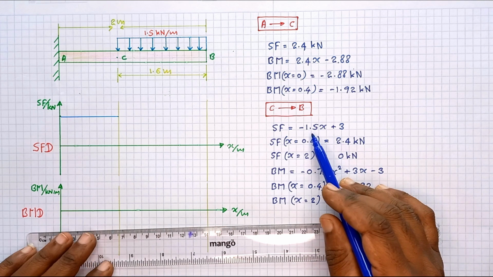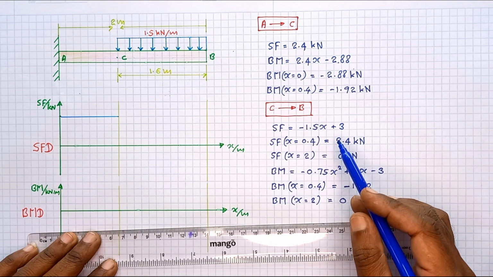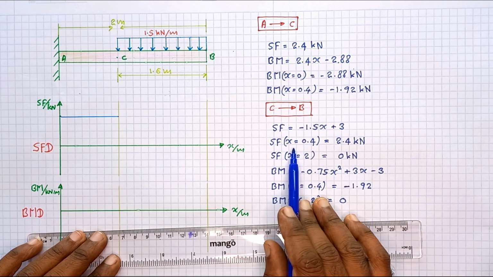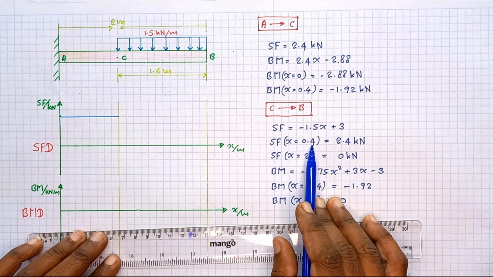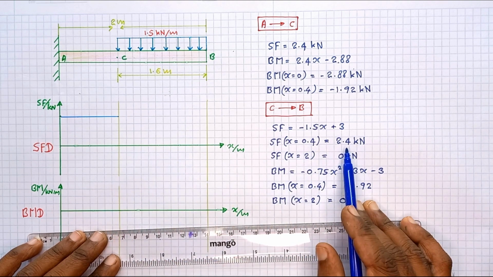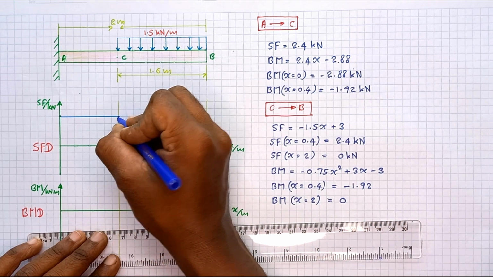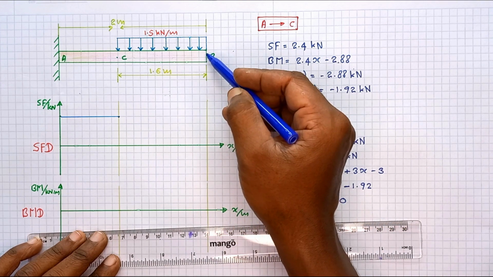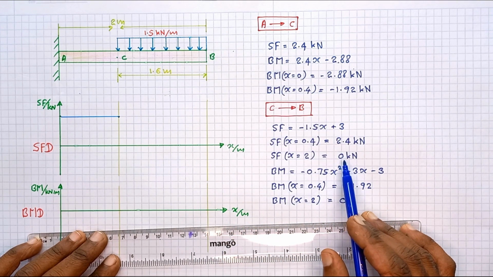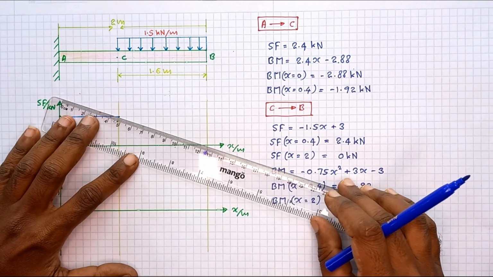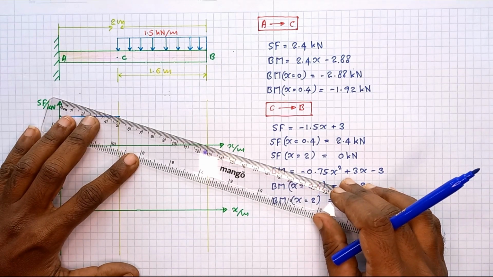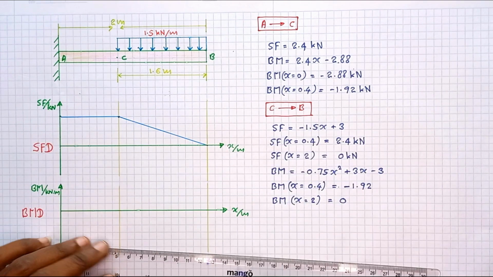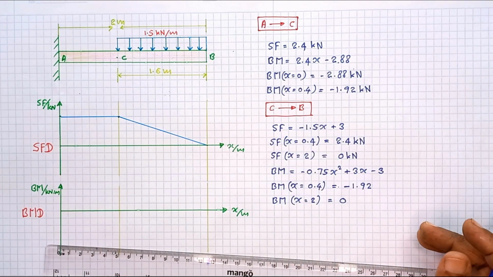If you know the 2 points, we can draw the line. The shear force at x = 0.4, at this point, is equal to 2.4, the same as here. And at x = 2, at this end, the shear force is equal to 0. So this is how the shear force varies in the C to B region.